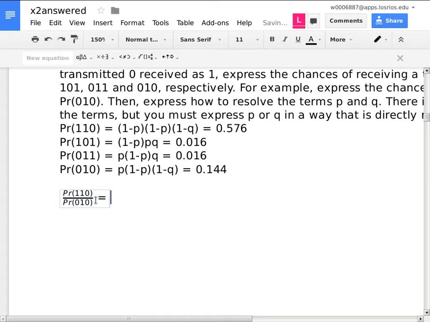So that equals, using the symbolic portion, fractions again: 1 minus P times 1 minus P times 1 minus Q as the numerator, and as the denominator we have P times 1 minus P times 1 minus Q. As a value, we also know this is just the fraction between 0.576 and 0.144.